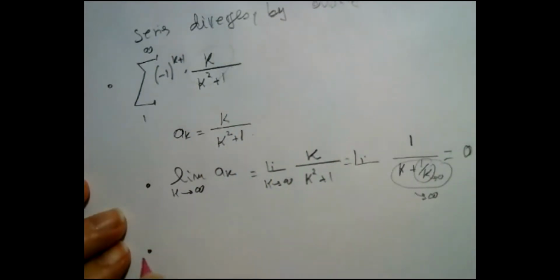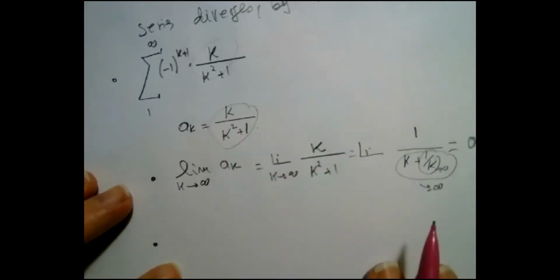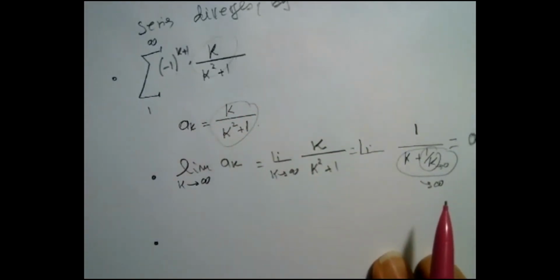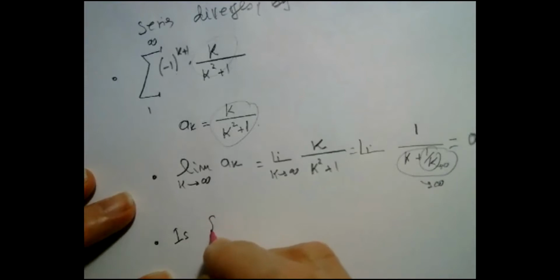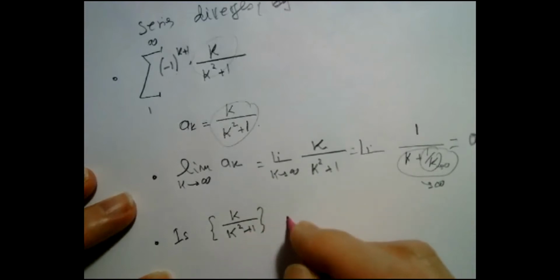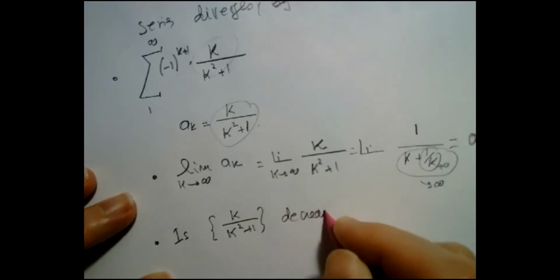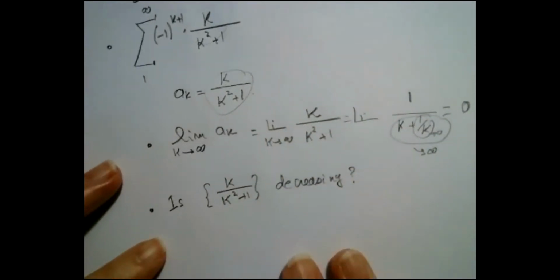Two, is the sequence decreasing? It means, is the sequence k over k squared plus 1 decreasing?